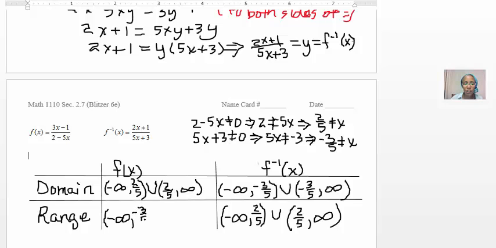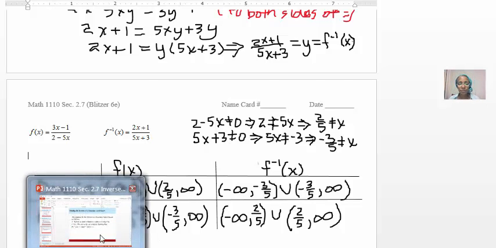And that's the relationship that we said has to exist between a function and its inverse with respect to the domain and range. And again, remember, this is an interchange of x and y.